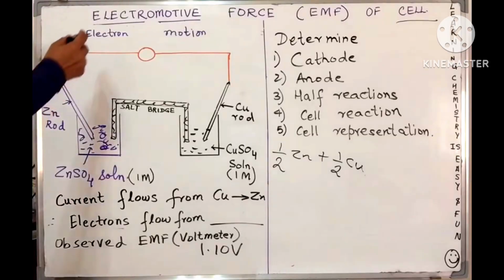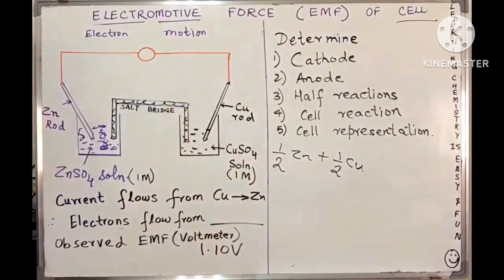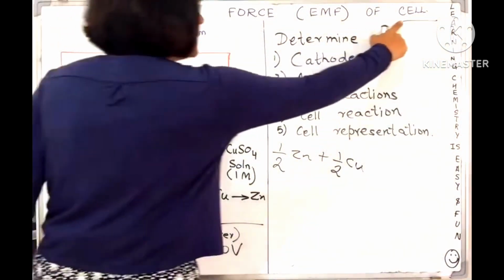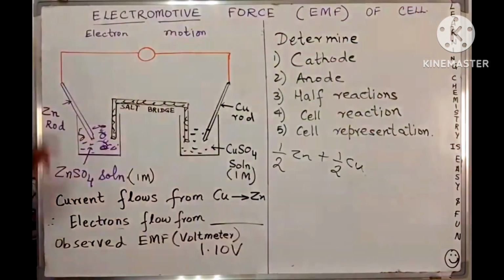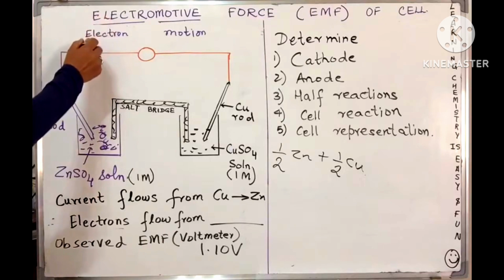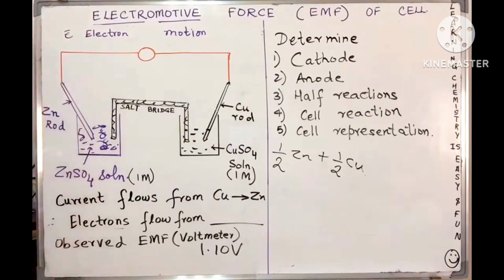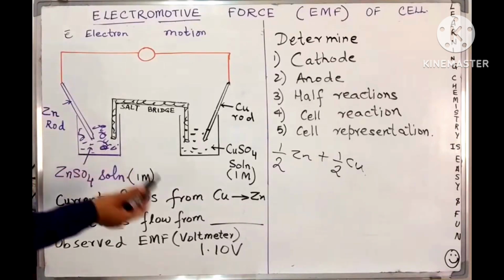We will now take up the topic of electromotive force, or EMF, of a cell. Let's break it down to understand what we are talking about. Electro comes from the word electron, the carrier of charge in a conductor. Motive means motion, purpose, movement.